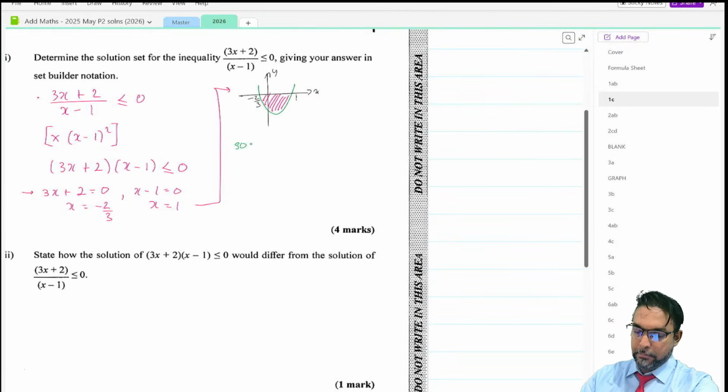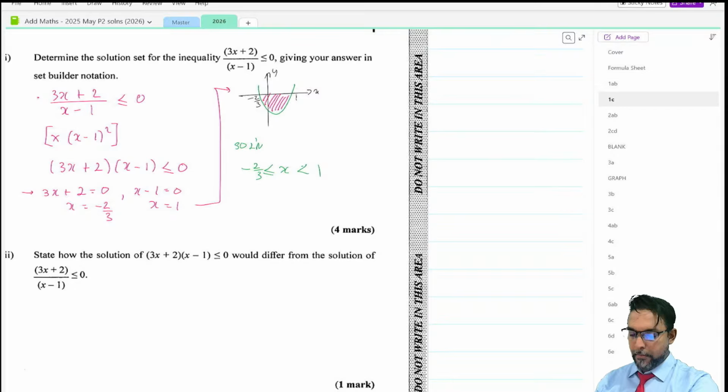So x would be greater than or equal to minus 2/3, but just less than 1. And it's just less than 1 because if we take equal to 1, what would happen to our denominator? It could possibly become 0, and then the function would be undefined at that point.